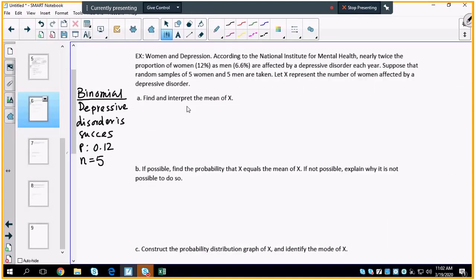So we're going to answer the question accordingly. The mean is 0.6, and I will write it as the expectation of the random variable is 0.6. Then interpretation.